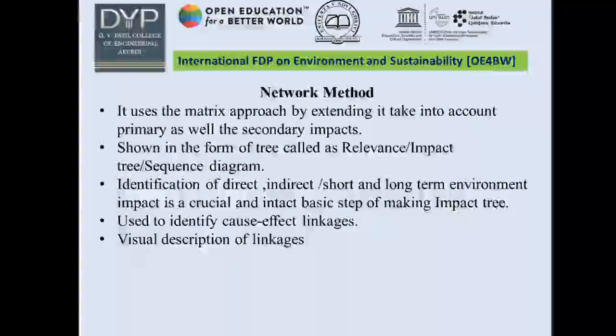So the advantages: it is an integrated assessment instead of discipline by discipline. It covers the interrelation between cause and effect, including indirect impacts, so it is a cumulative impact assessment, because direct and indirect, long and short term are both noted there, and it can be translated into a mathematical model for quantifying the judgment.